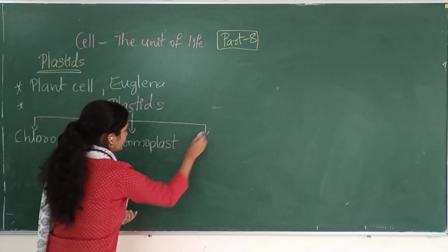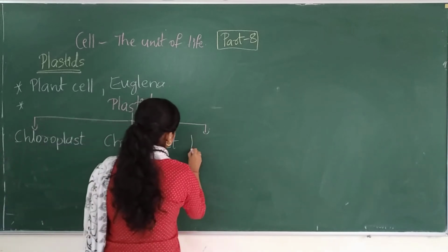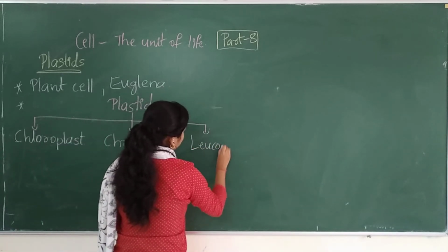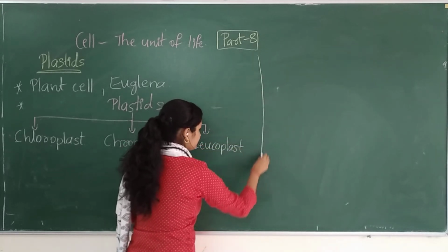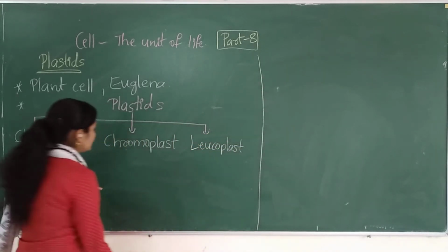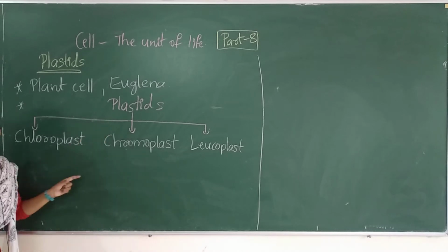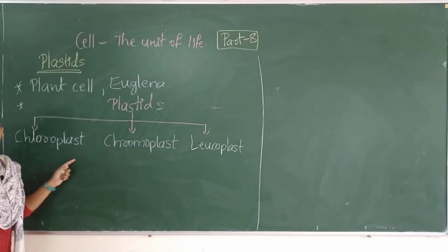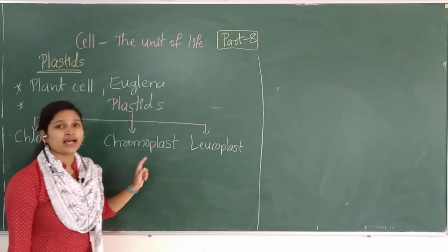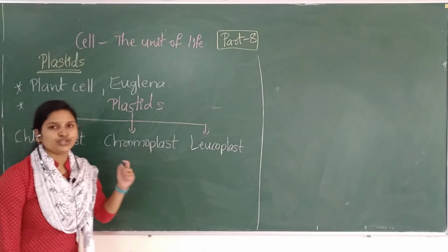Third one, leucoplast. So based on their function, the plastids are categorized into three categories: chloroplast, chromoplast, and leucoplast.